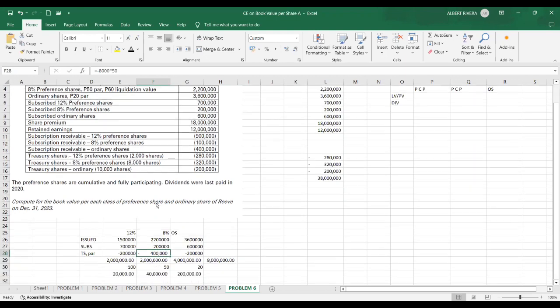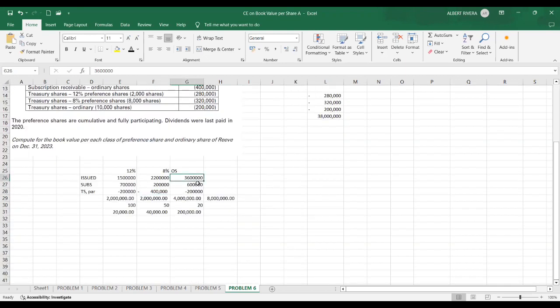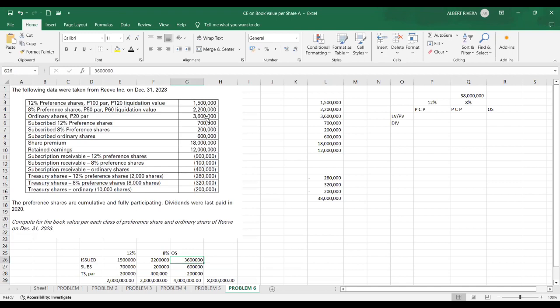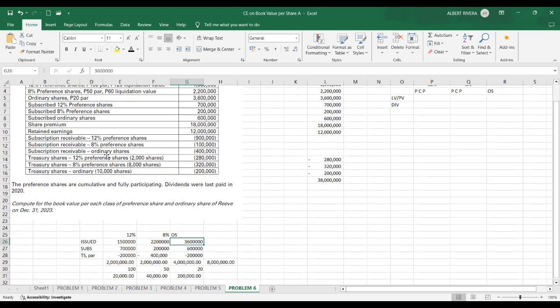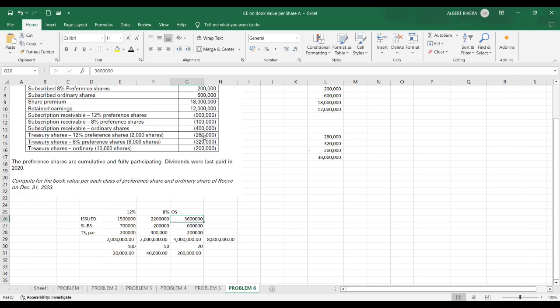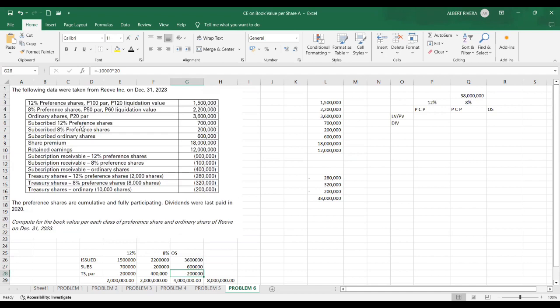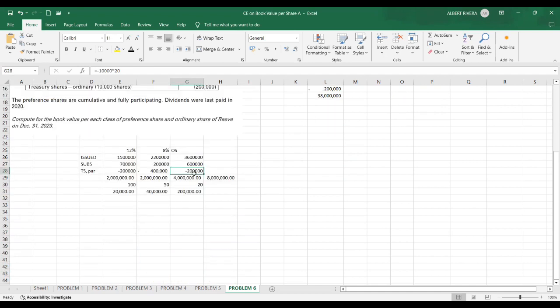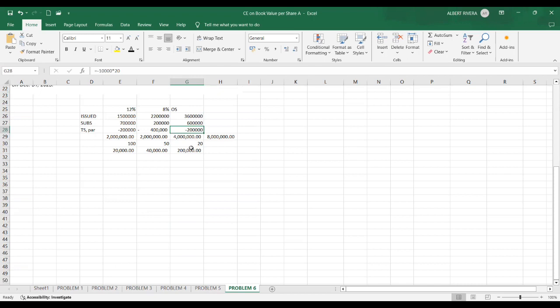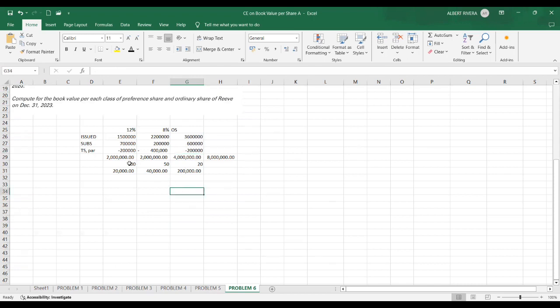Okay? Next, we have the ordinary amounting to 3.6 million. Then subscribed is 600,000. And the treasury, which is 10,000 times the par value of 20. So this is 200,000. Okay? So divided by the par value to get the number of shares outstanding.